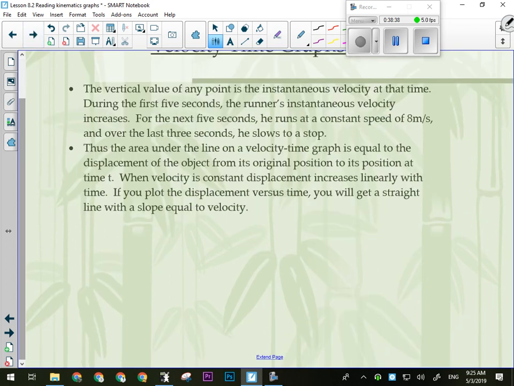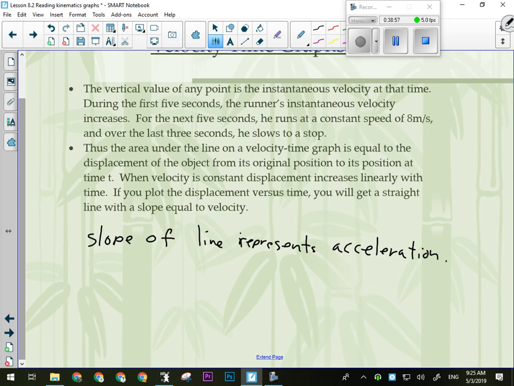And the thing I forgot to write on here is that the slope of the line represents acceleration. Those are the things that we can calculate and read from a velocity versus time graph.